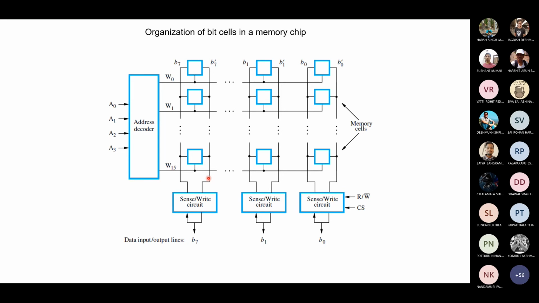Each and every small blue square is actually one cell. And these lines are the word lines. If you remember the diagram from the SRAM design, there was a word line and 2 bit lines, one is B, another is B complement.